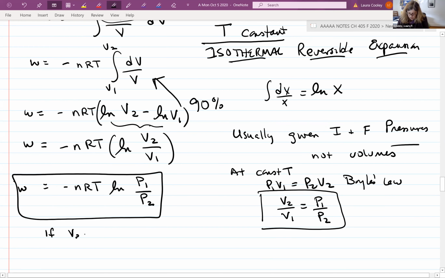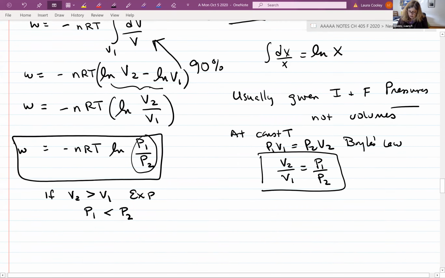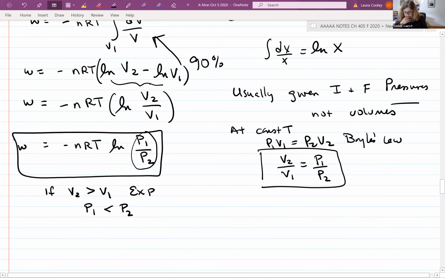So if V2 is greater than V1, that's an expansion, then, sorry, I have that backwards. If V2 is greater than V1, then P2 is less than P1. And so this is a number greater than 1. And so this is positive.